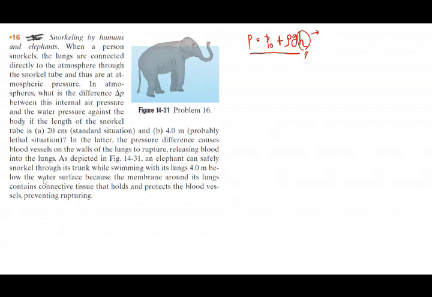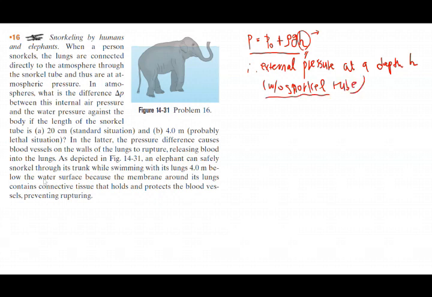So this is the external pressure at a depth H without the snorkel. Okay, that's the standard formula.